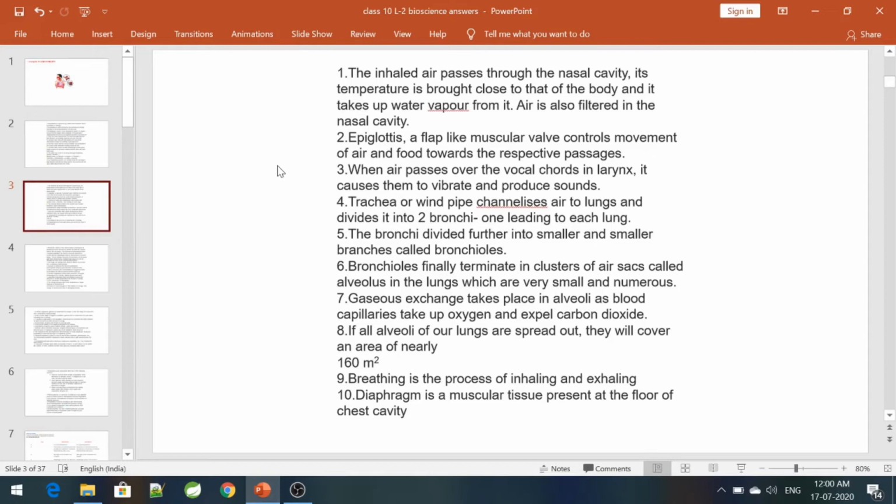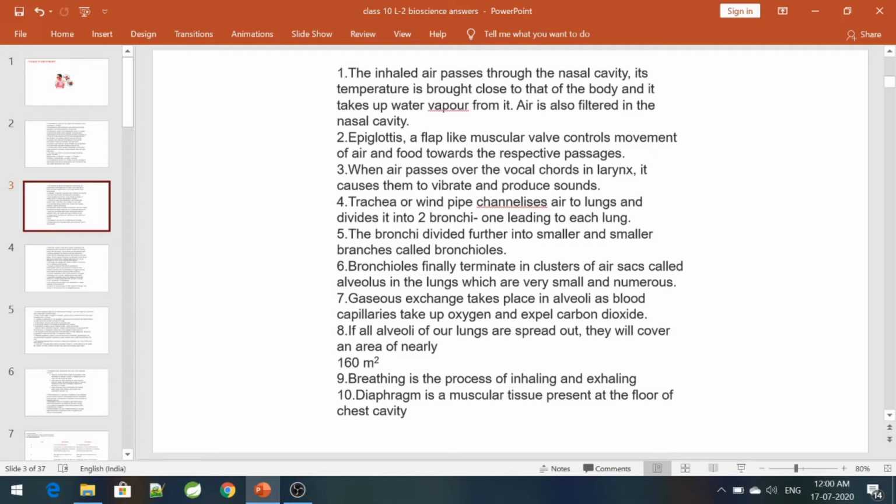So the epiglottis is a flap-like structure, opening and closing. That's why it is called a flap-like muscular valve, which controls the movements of air and food towards the respective passages.